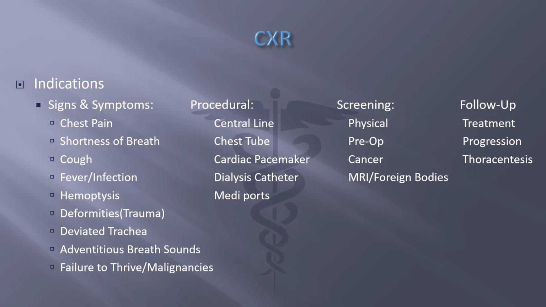They might have fallen on their chest and have chest pain, so you want to see if they have any fractured ribs. You'll be examining someone physically and notice coarse breath sounds or even a deviated trachea. These types of things would indicate a chest x-ray.